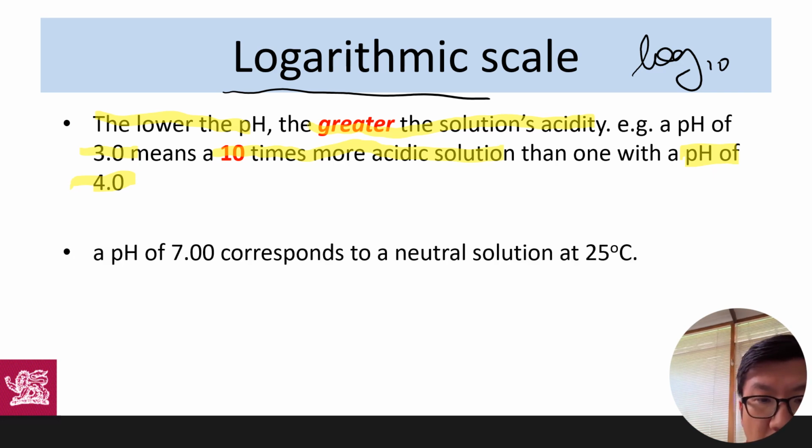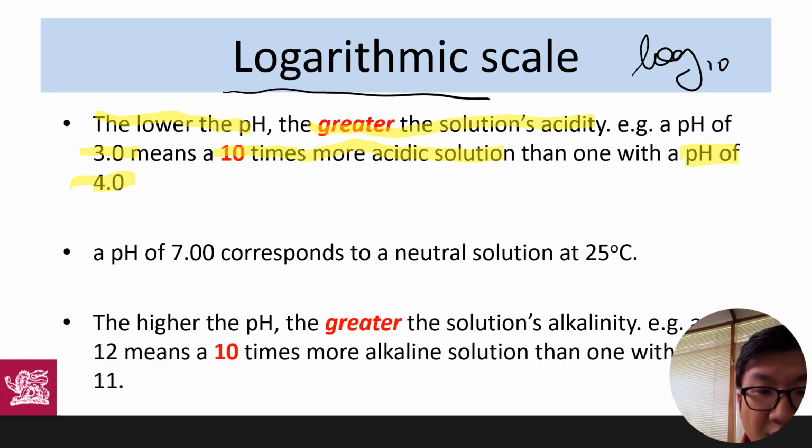pH 7 is considered to be neutral at 25 degrees, and the higher the pH, the greater the solution's alkalinity, the word which is used interchangeably with basicity, or how basic a substance is.